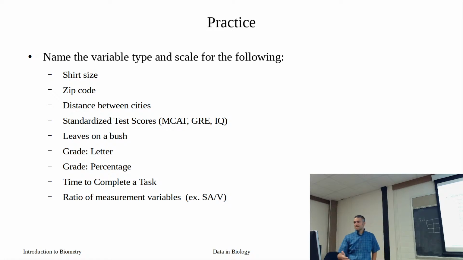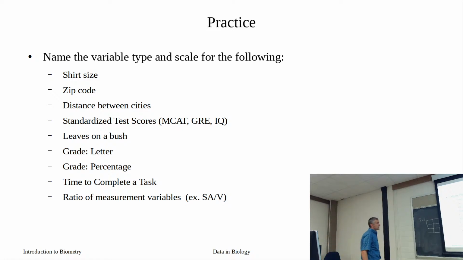If we list it as a percent, it's quantitative. Continuous or discrete? Continuous, so we can have an infinite number between 0 and 100%. Ratio or interval? Ratio. Yeah, we can have a 0 there.